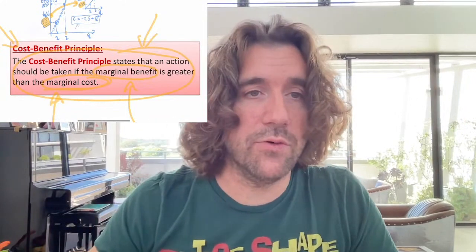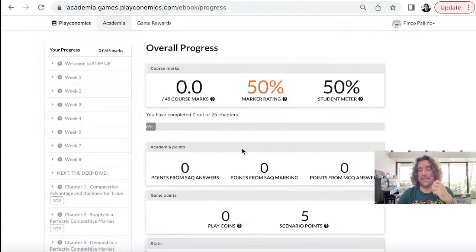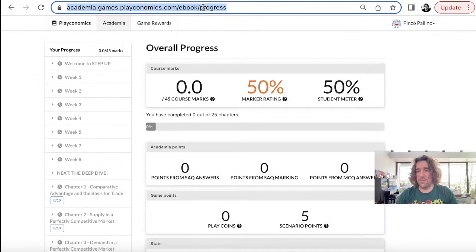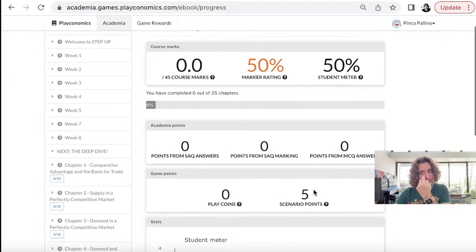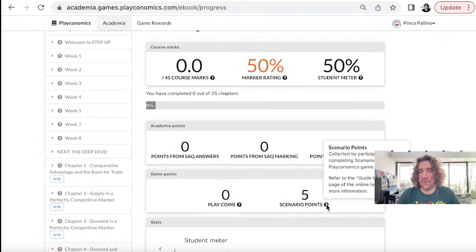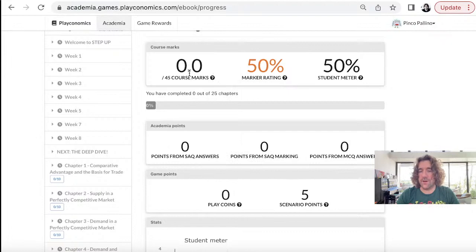Now, getting back to our website, let's have a look at this. If we go back to the website, and in particular to this page here, the online course, if you click on the Your Progress page up here, you're going to see that I have already achieved 5 scenario points here, and this will eventually add to my course marks up here.